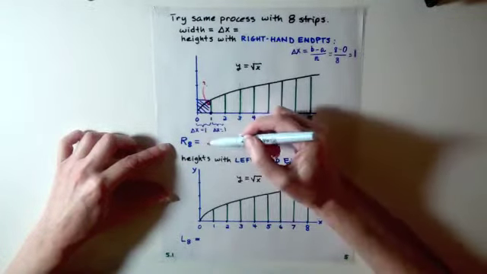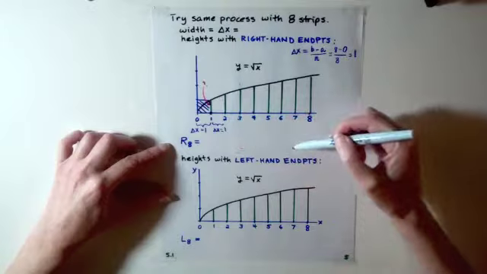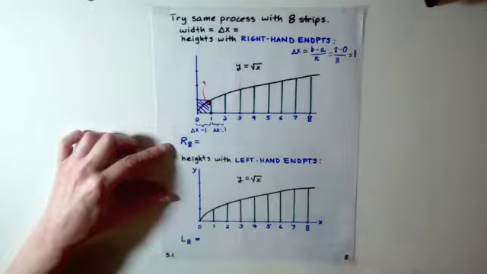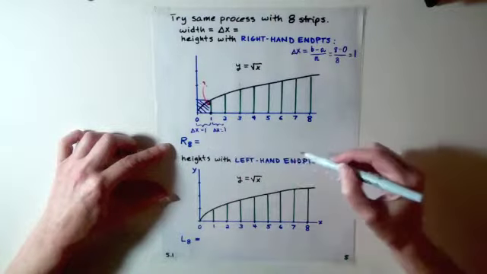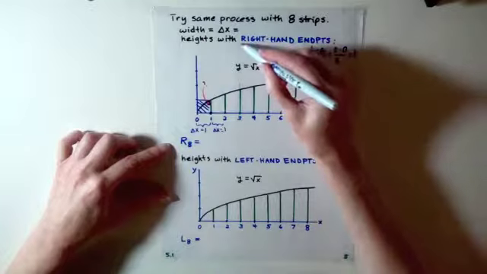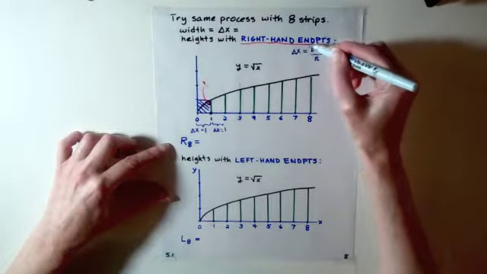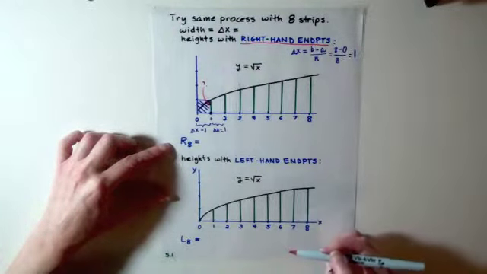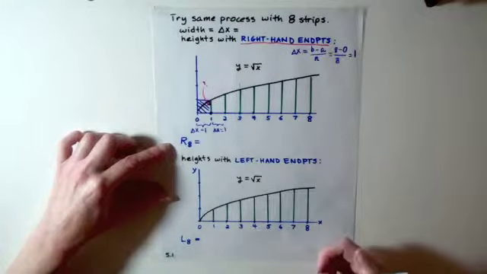So try to figure out, in this case you're going to have 8 different approximating rectangles. Try to go ahead and figure out what the areas of all of those are, and also draw the picture and be sure that you are using the right hand endpoint in each case to figure out the height underneath the graph.